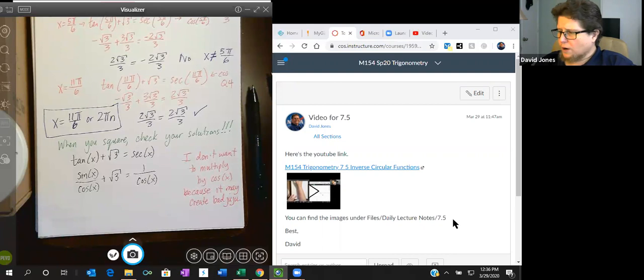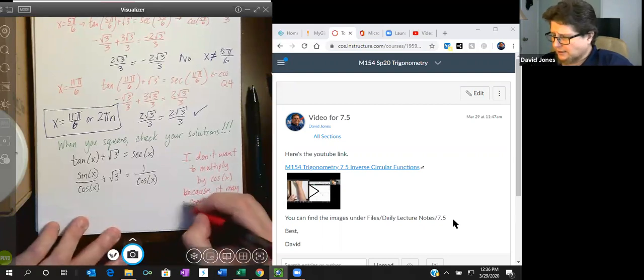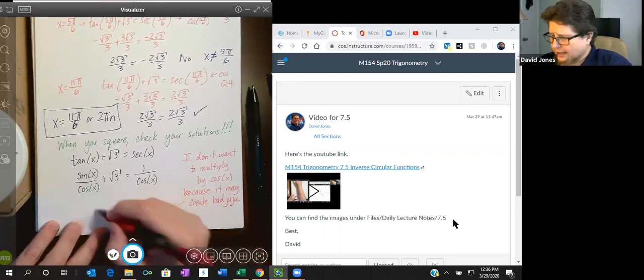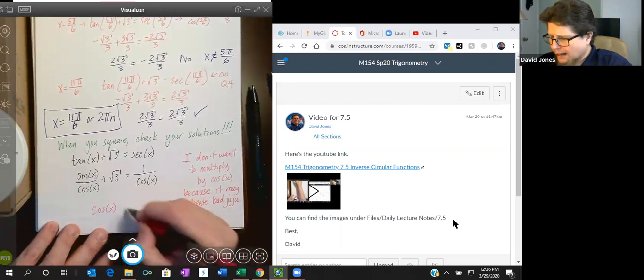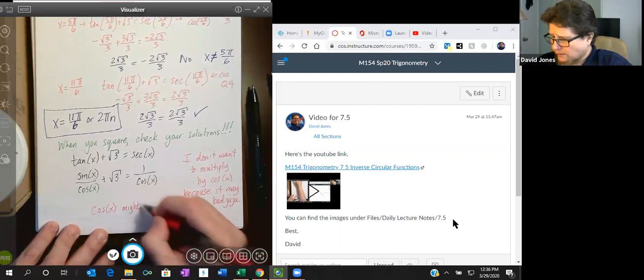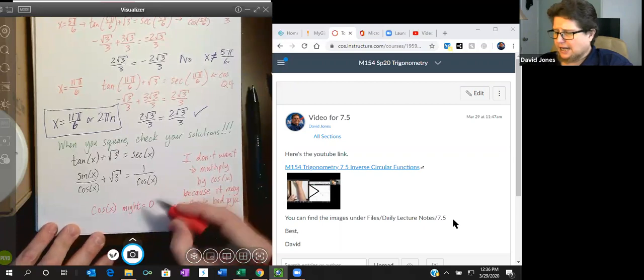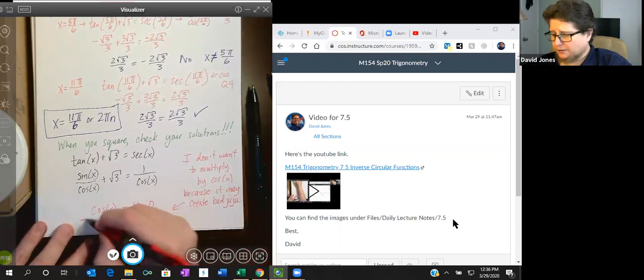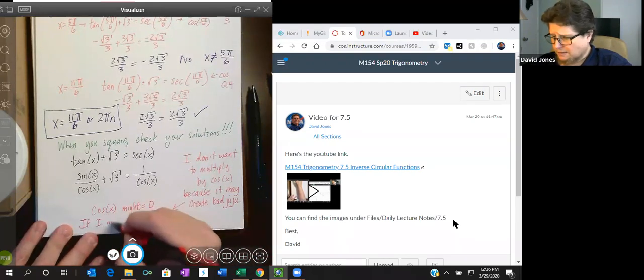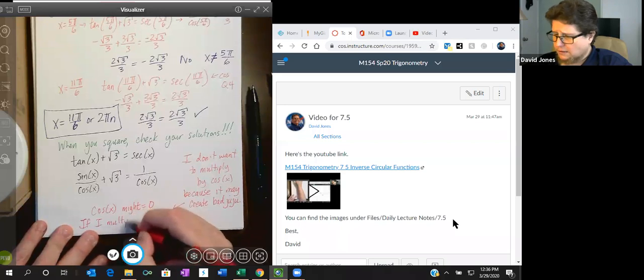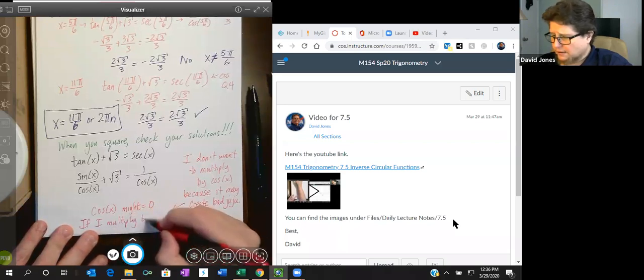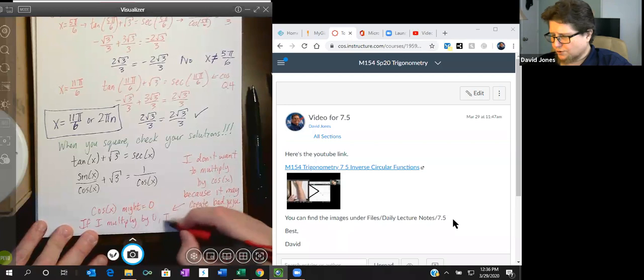And the reason why I don't want to do it, cosine x might equal 0. And if I multiply by 0, I destroy the equation.